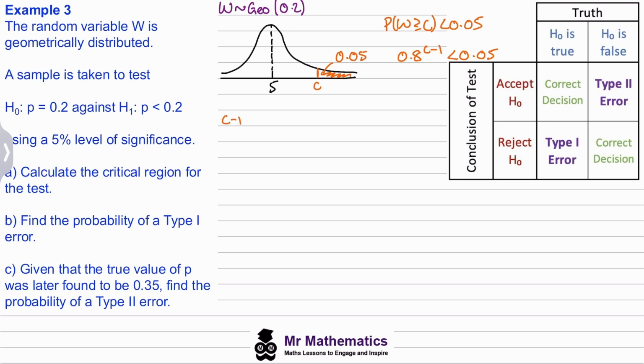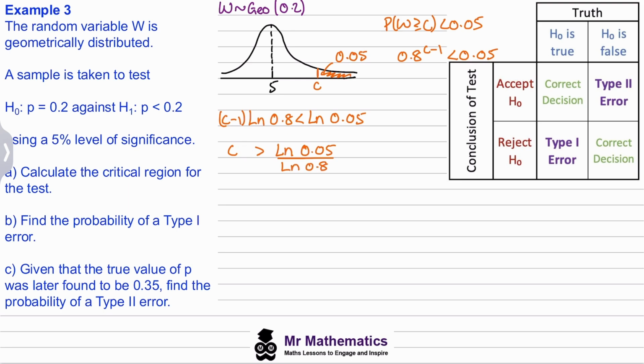So we get C minus 1 multiplied by the natural log of 0.8 will be less than the natural log of 0.05. When we divide both sides by this, we need to change the sign because this is negative. So C minus 1 will be greater than the natural log of 0.05 over the natural log of 0.8.